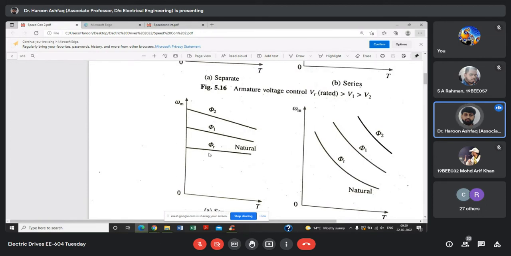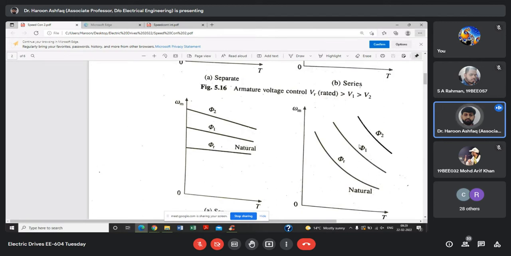So as you go on decreasing the values of phi, the intercept goes on changing, as well as the slope or the droop of the characteristics increases. ठीक है, the very same thing happens in case of DC machines.